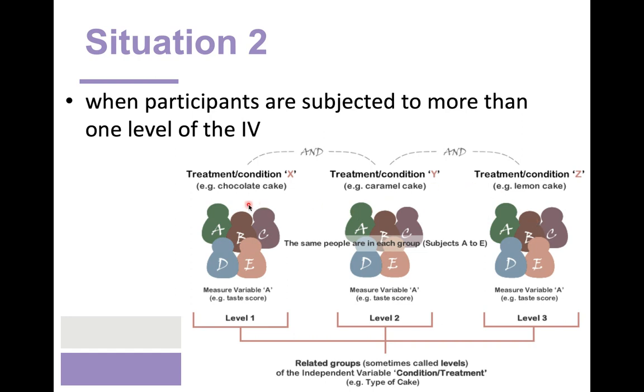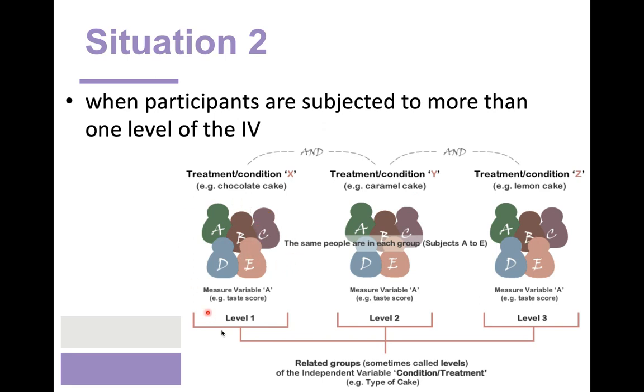Notice how time isn't really the variable here. This is all occurring in one sitting in a laboratory at a single testing point. So we're not repeatedly measuring people over time, but we're repeatedly measuring people across conditions, such that our independent variable here is the type of cake that people are eating.